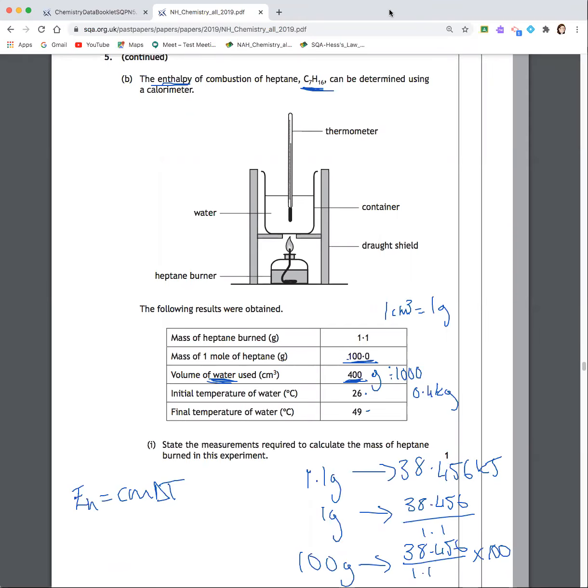So that would end up being 3,496 kilojoules, and it's a negative enthalpy change for combustion because it's an exothermic reaction, so the energy is given out. Okay, that would be kilojoules per mole as well, because the enthalpy of combustion is how much energy is released when 1 mole of the substance is burned.